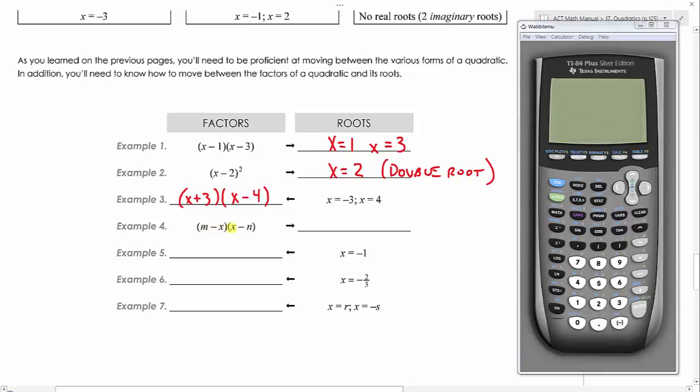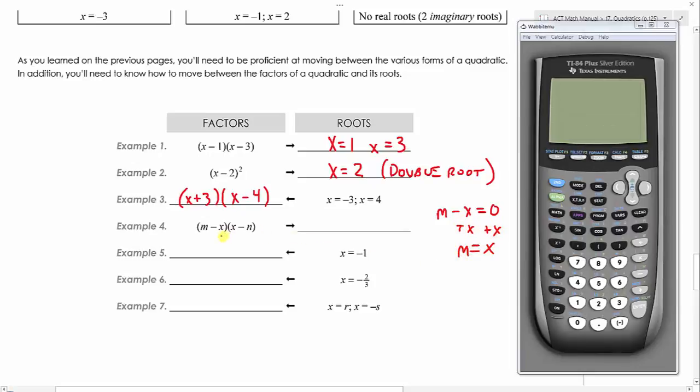So here we have a situation where we have to find out what our zeros are from these algebraic terms. Well, there's two ways to do this. One is if it's just very obvious to you, then go ahead and do it that way. But remember, you can also just always set your factors equal to 0 and then solve for x. So if I add x to both sides here, I get that x equals m.